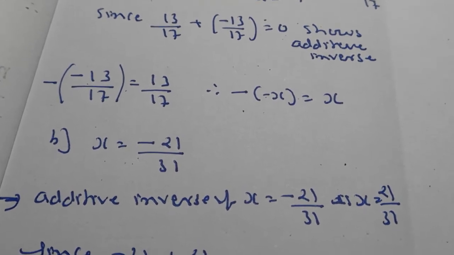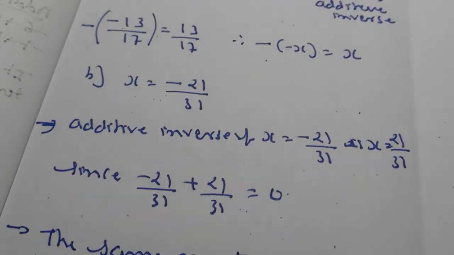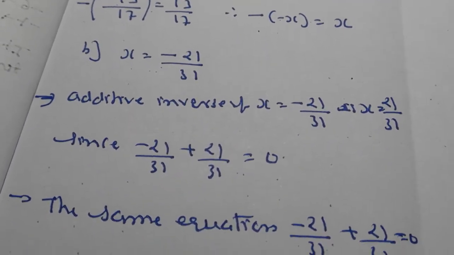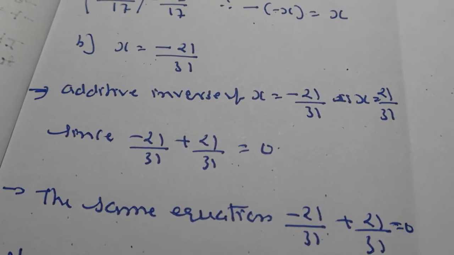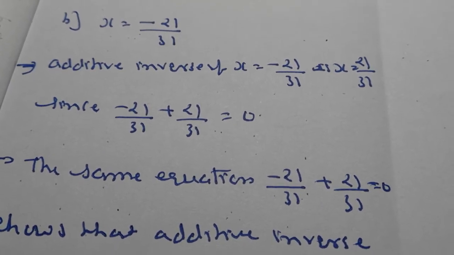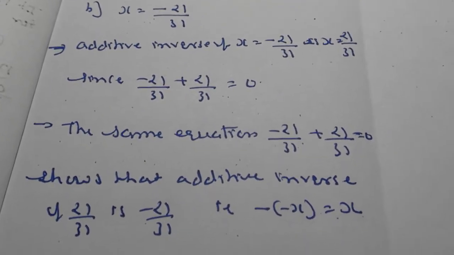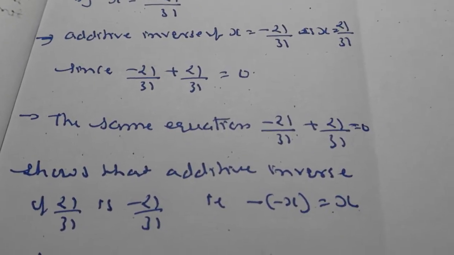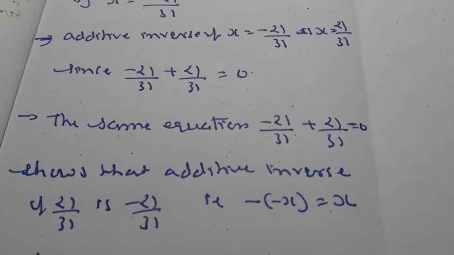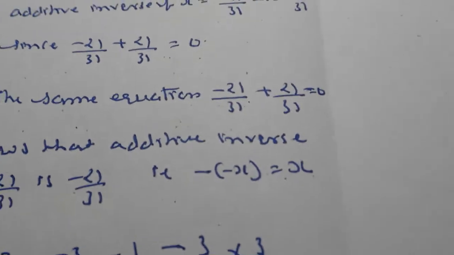Adding both of them, minus 21 upon 31 plus 21 upon 31 is 0. This shows that additive inverse of 21 upon 31 is minus 21 upon 31. That is minus x is equal to x.